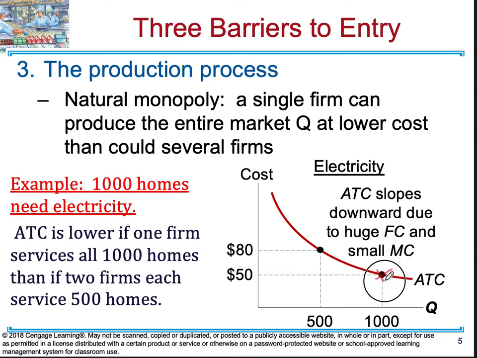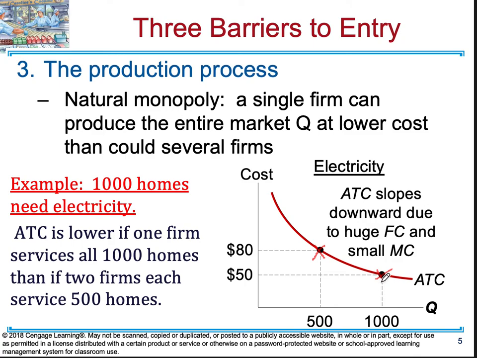If we have one firm and they can produce a quantity for 1,000 homes, the price is going to be $50. Now, if we had two firms and they split the difference, if each produced for 500 households each, the cost is going to be $80. So overall, it's much more efficient if you have a natural monopoly in this case.